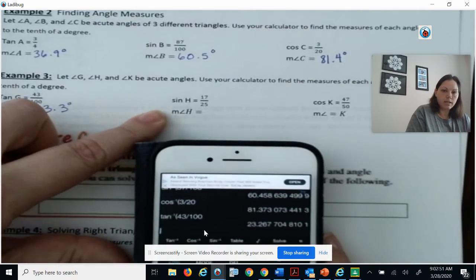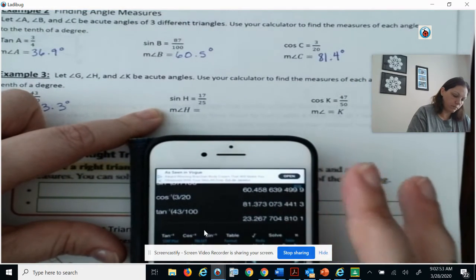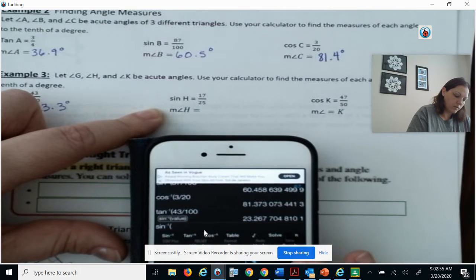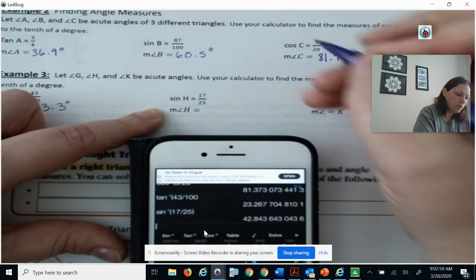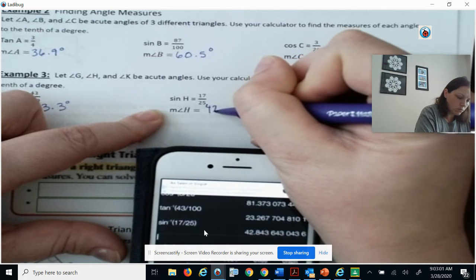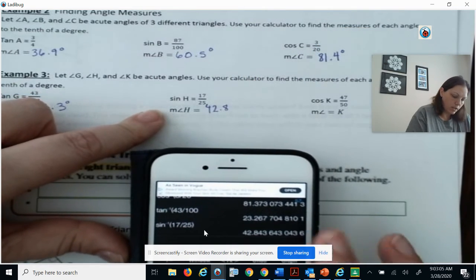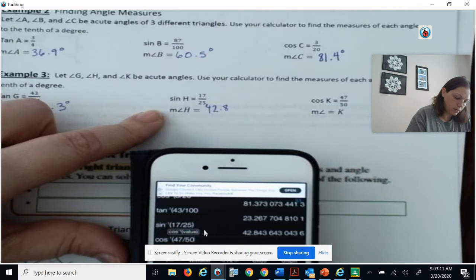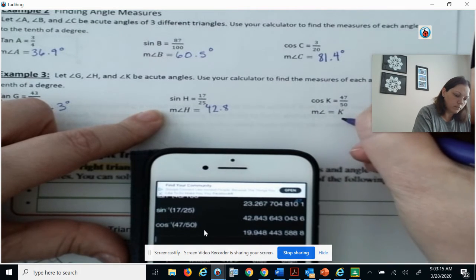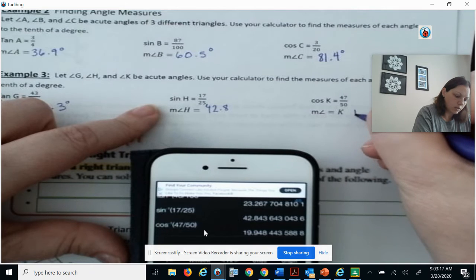All right, then sine inverse 17 divided by 25. 42.8. And cosine inverse 47 divided by 50. 19.9.